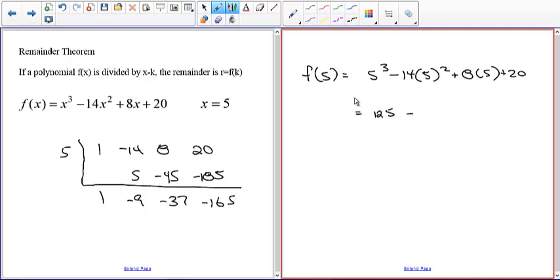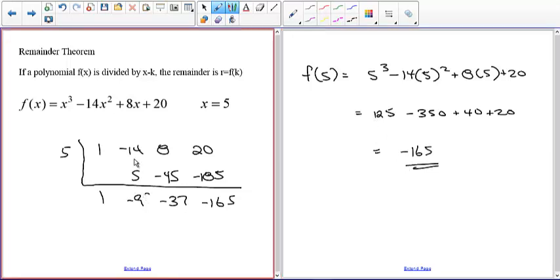The second term is 14 times 25, so we get negative 350. 5 times 8 is 40 plus 20. So 125 minus 350 plus 40 plus 20 equals, oh, I just entered it in my calculator wrong. Okay, should be negative 165, which it is.